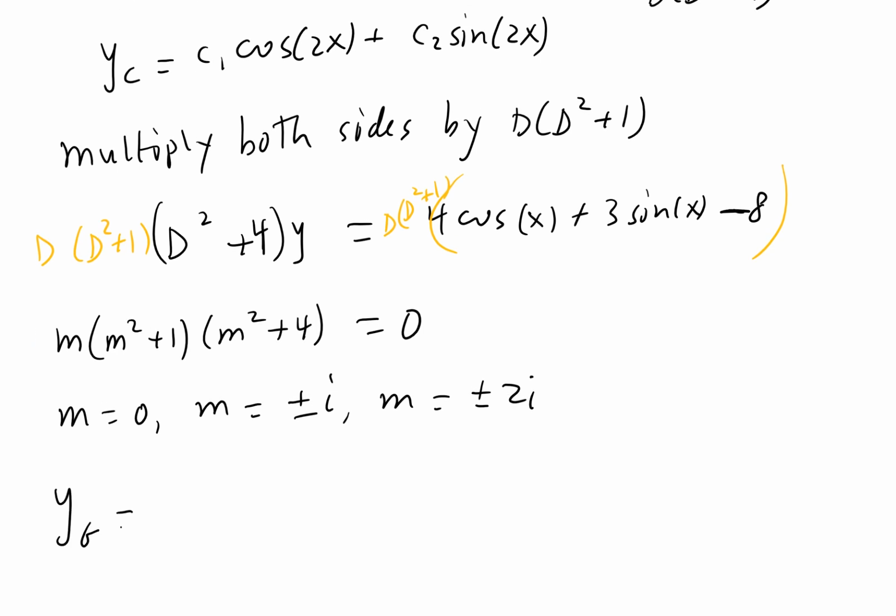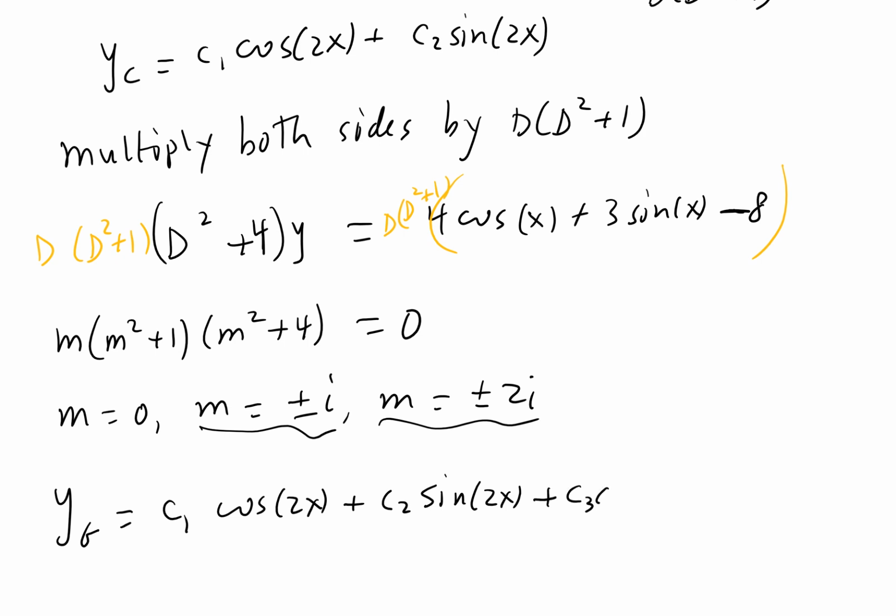The general solution is c1 cosine 2x plus c2 sine 2x. That's from this part. And from this part, we have c3 cosine x plus c4 sine x. And for the last one, the 0, is c5.